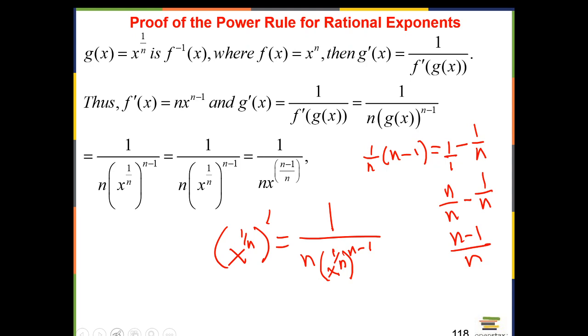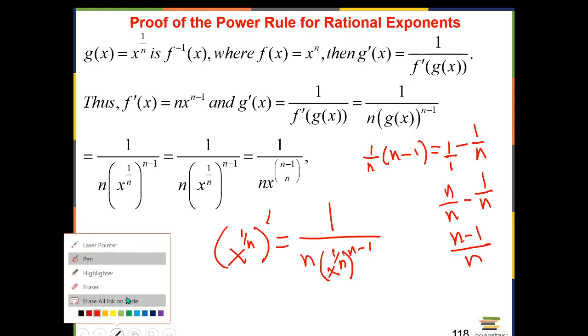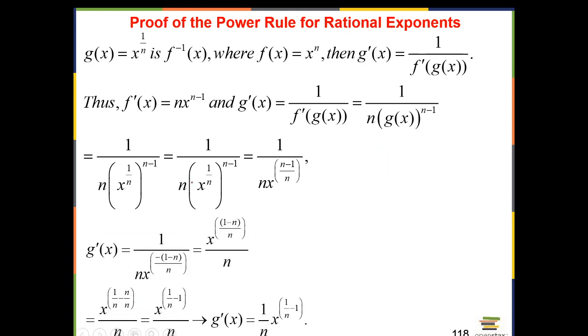And now we can simplify that. So this is n minus 1. Remember in algebra that a minus b is the same as what? Is the same as negative b minus a.